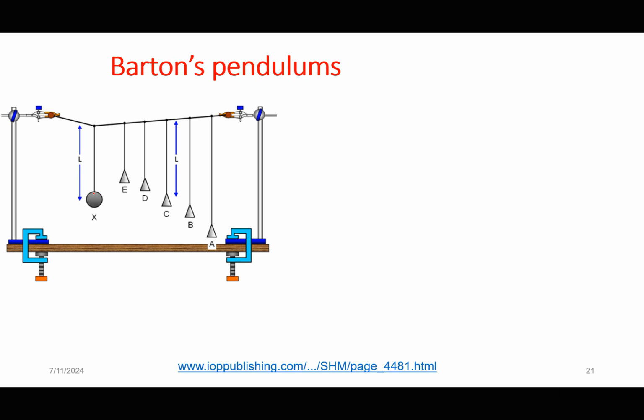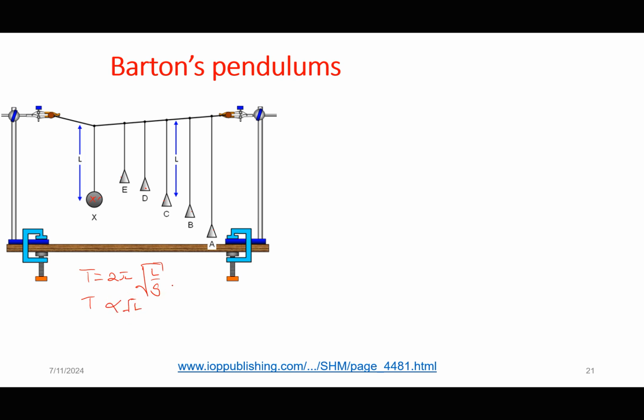If you recall from simple harmonic motion, the period of oscillation of a simple pendulum was given by 2 pi square root of L divided by g. In other words, the period was not dependent on the masses. So even if these are light paper cones and this is a heavier pendulum bob, the period is directly proportional to the square root of L.